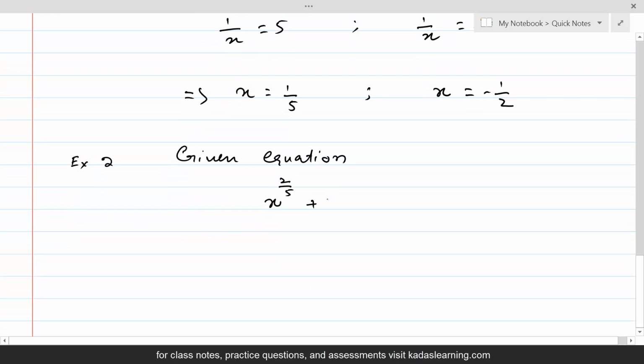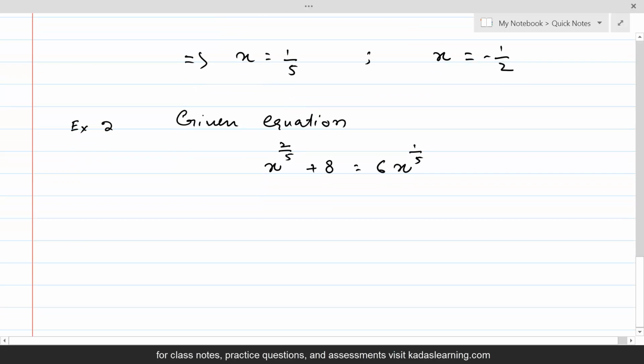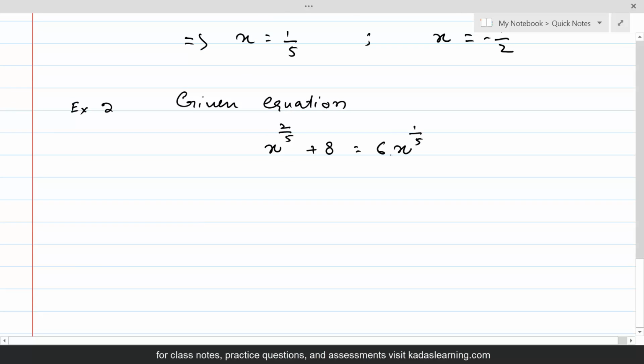So obviously, if you take a look at this term, which involves x power 1 by 5, and you also take a look at this one, this x power 2 by 5 is a square of the x power 1 by 5. So let's make the substitution.